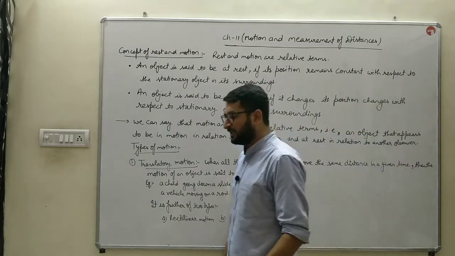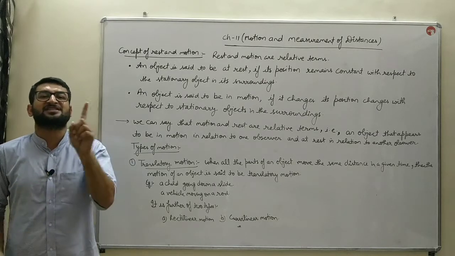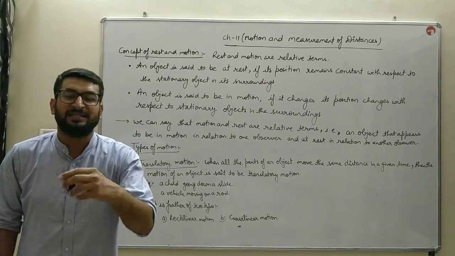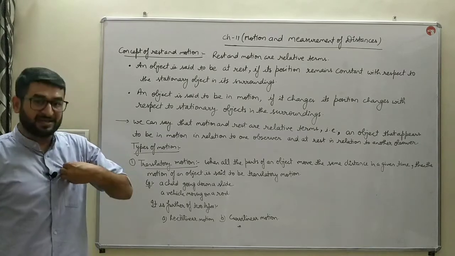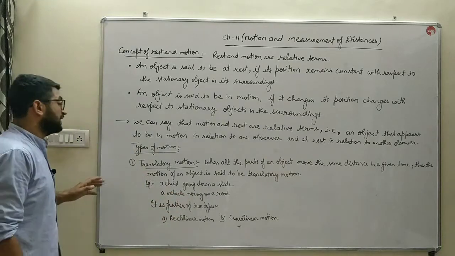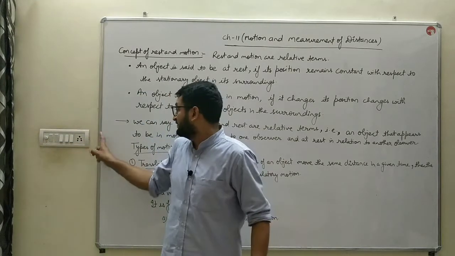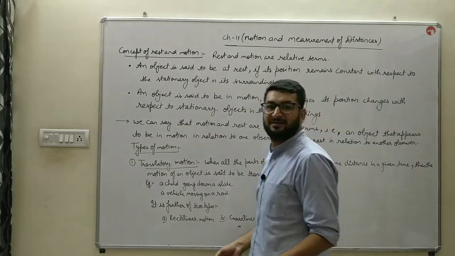Whether I am moving, children, or I am stopped, the distance between me and this mic is not changing. That means with respect to that mic, I am at rest, and with respect to me, this object is at rest. Whereas when I am moving, with respect to this end, I am in motion because I am changing my distance.